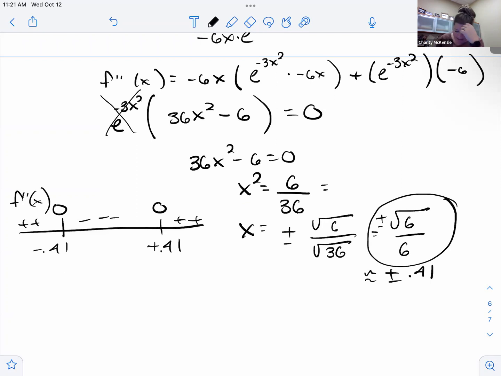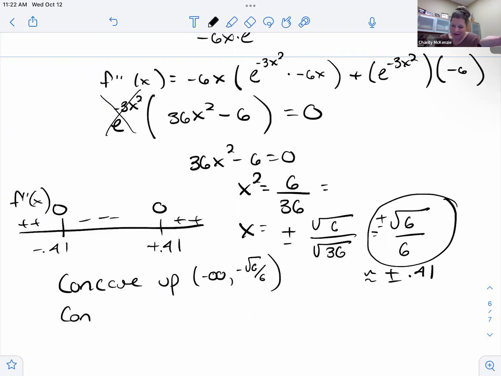So concave up is from negative infinity to the negative square root of 6 over 6 if you need to have it exact. Or you can put 0.41 if it lets you. Concave, oh, wait, we have two ups. And we're concave up from positive square root of 6 over 6 to infinity.